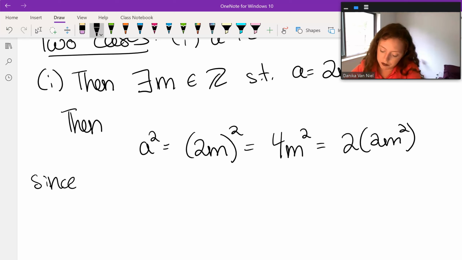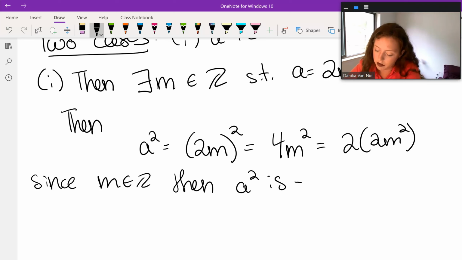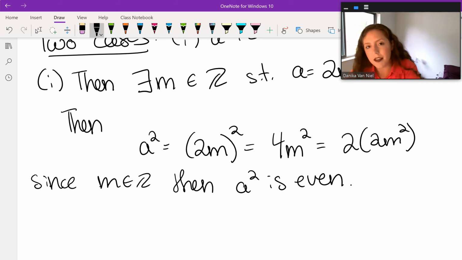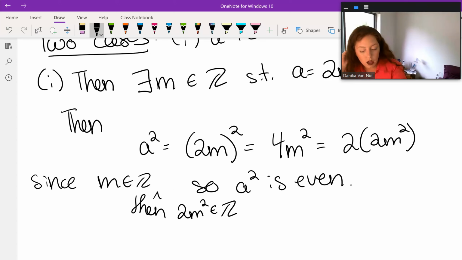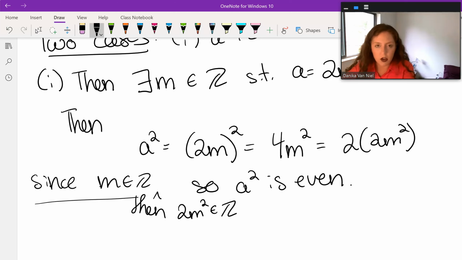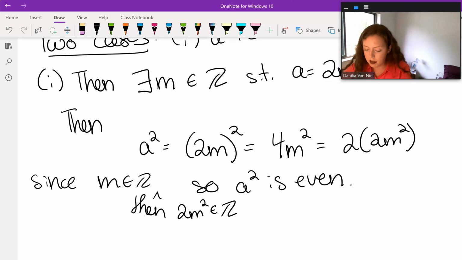Since m is in the integers, then 2m squared is in the integers, so a squared is even. Okay? Eventually you'll be able to cut out that middleman. I mean, I still want you to be talking about that, but wait a minute.